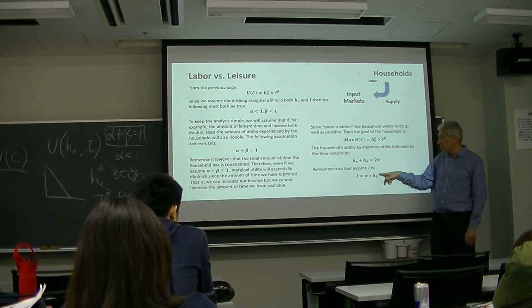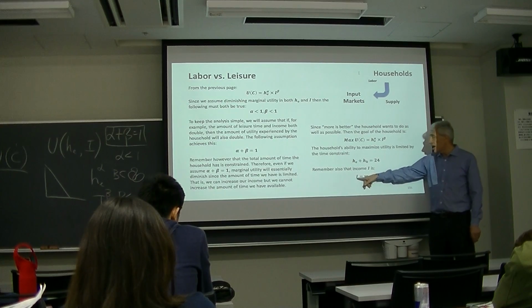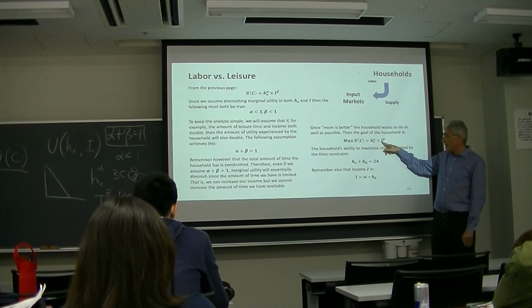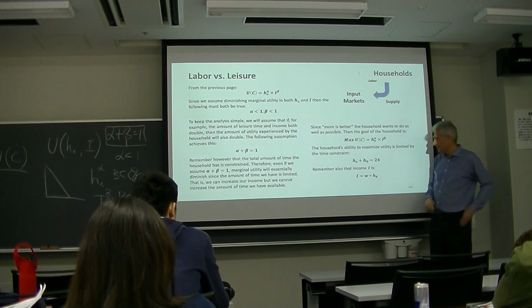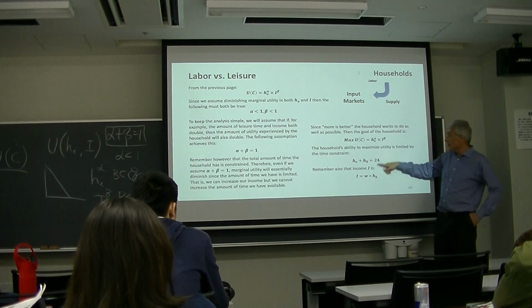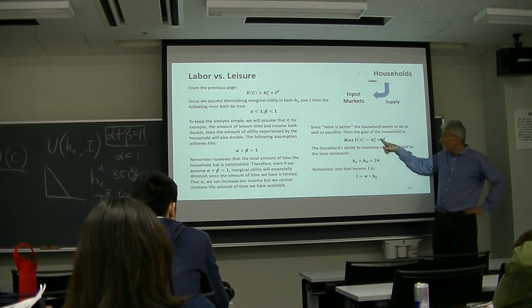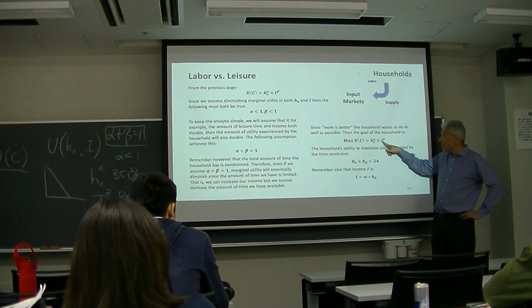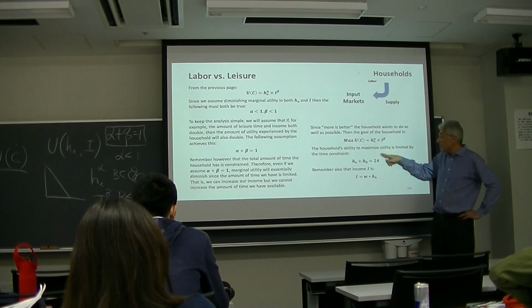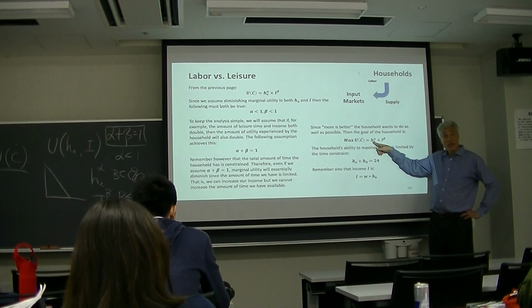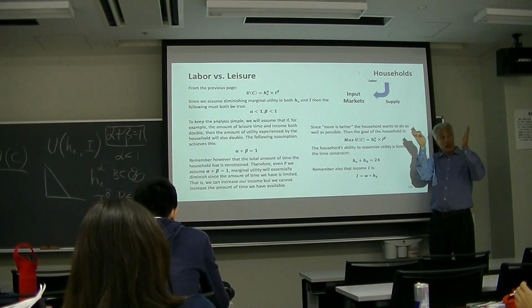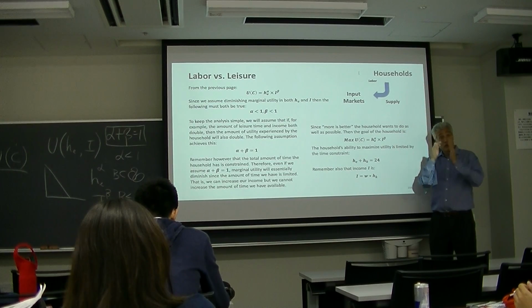So we substitute income, the I, into this equation, and now we have a utility function in terms of the time spent in leisure and the time spent working. So now we're reducing our variables.